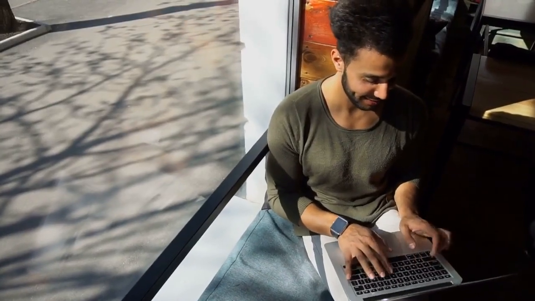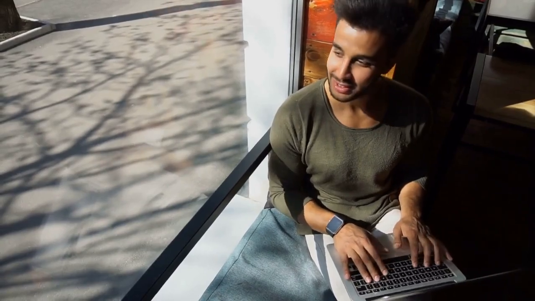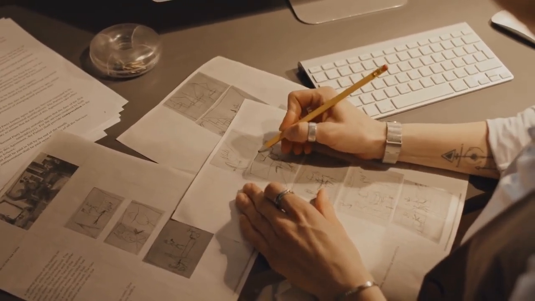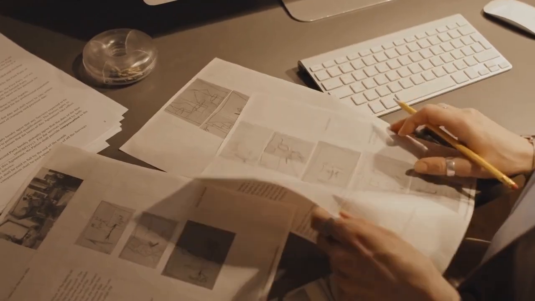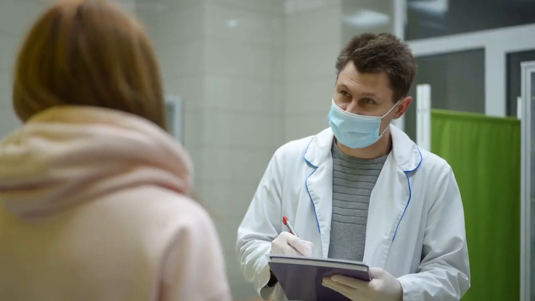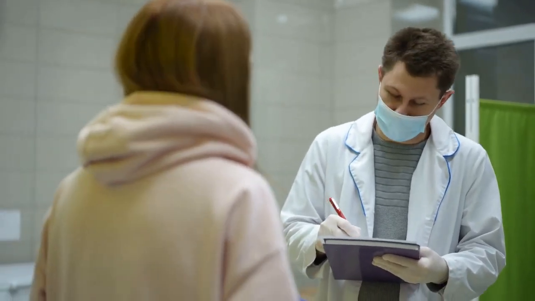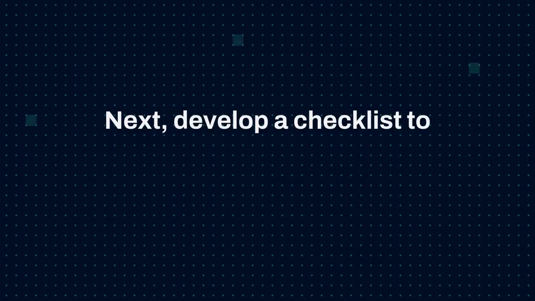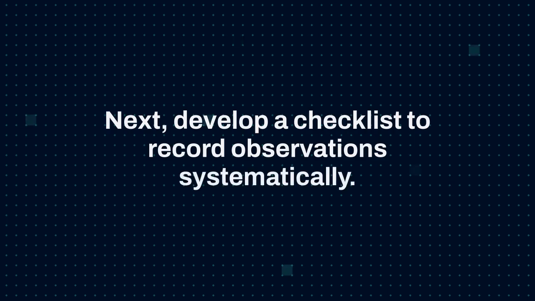So you can include both types of questions in your surveys. Next, create an interview guide with a list of questions and prompts. Ensure that your questions are open-ended to encourage detailed responses. For example, can you describe your experience with our product? This is an interview question example. Next, develop a checklist to record observations systematically.